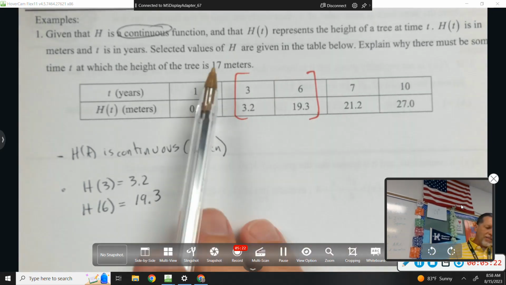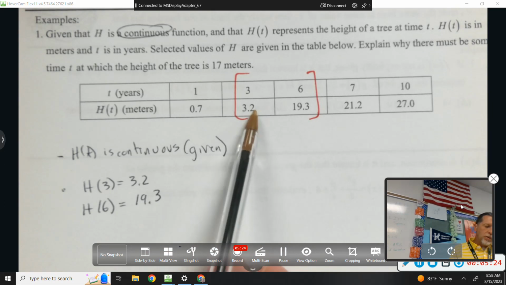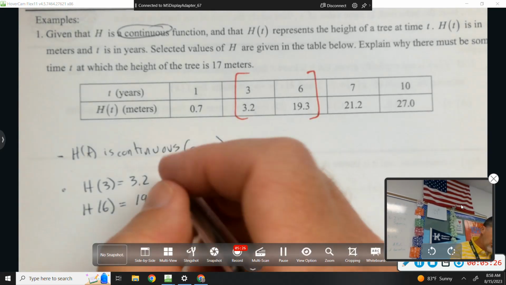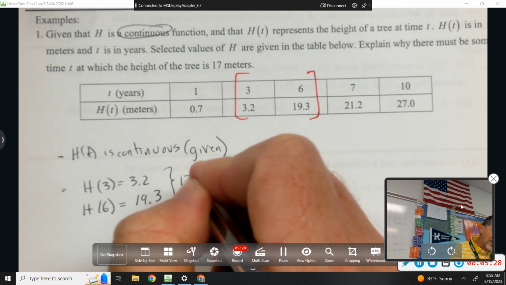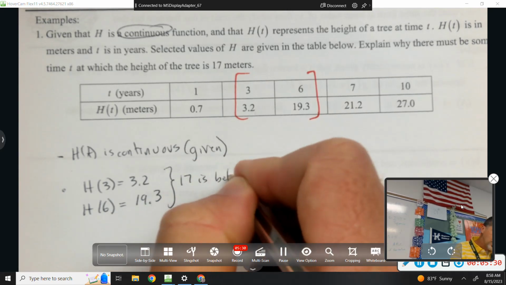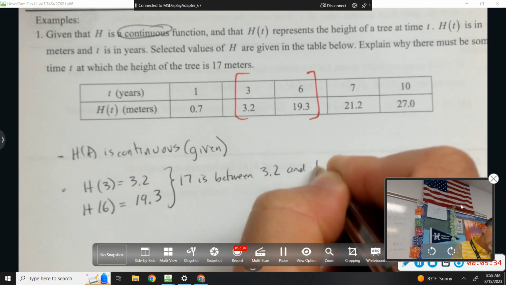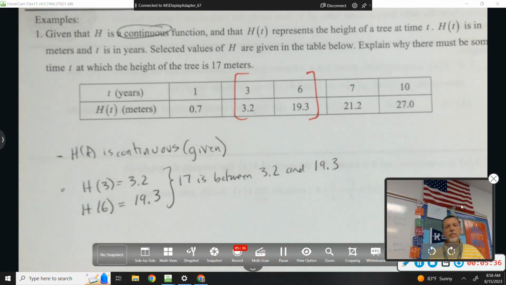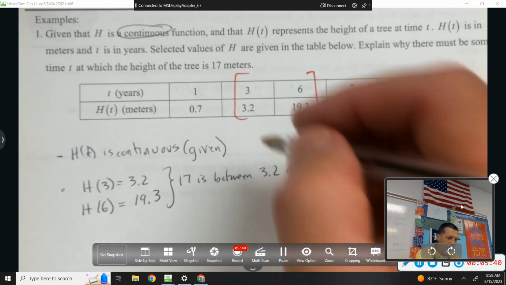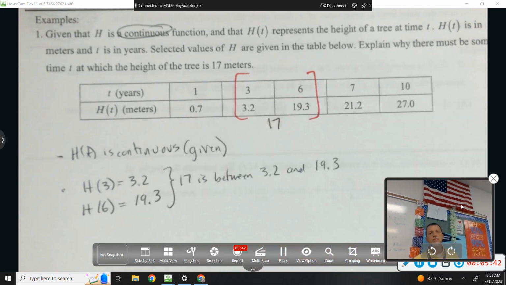Well, I need to say that 17 is between 3.2 and 19.3. And so that's literally what I'm going to write. 17 is between 3.2 and 19.3. That's how my brain sees it. 17 is right in there somewhere. Probably closer to 6 than to 3, but it doesn't matter.